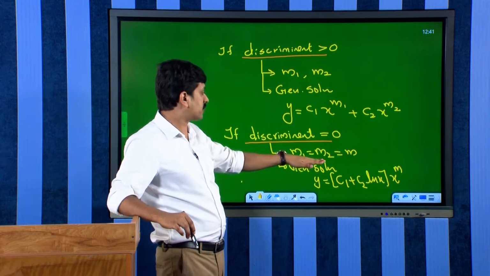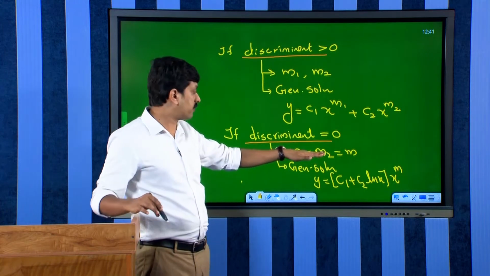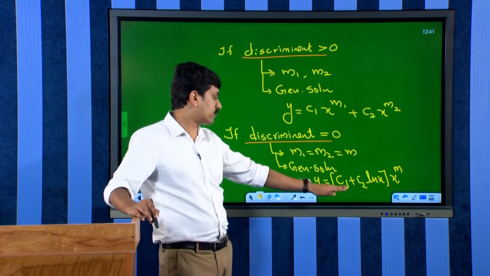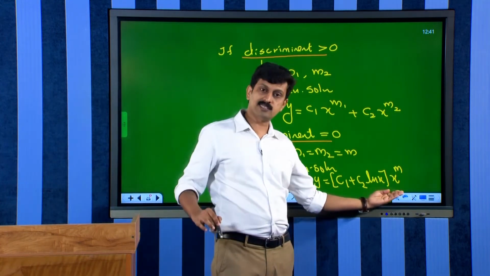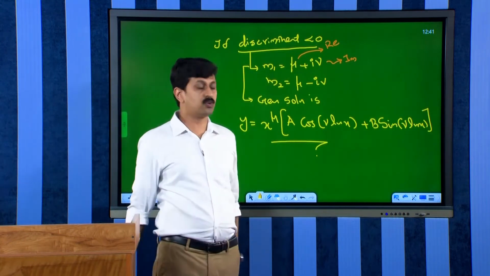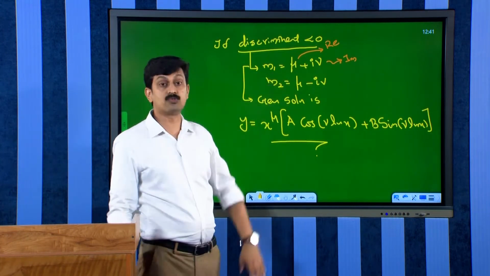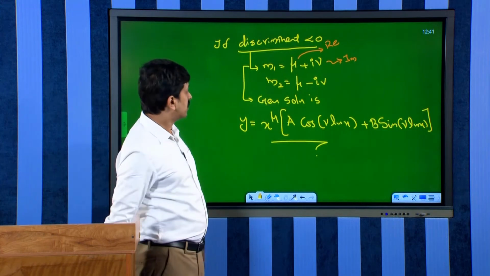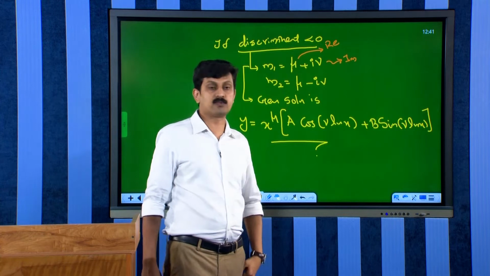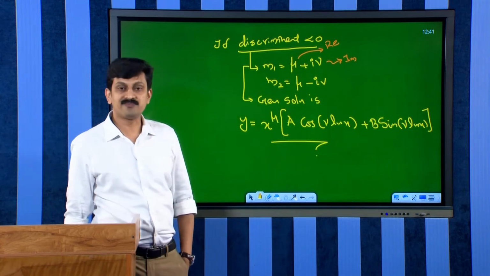If the discriminant is equal to 0, then we will have a double root for the auxiliary equation, and the general solution is like this. Finally, if the discriminant is less than 0, we will have complex conjugate roots for the auxiliary equation. Then the general solution is x raised to mu (a cos nu log x plus b sin nu log x).